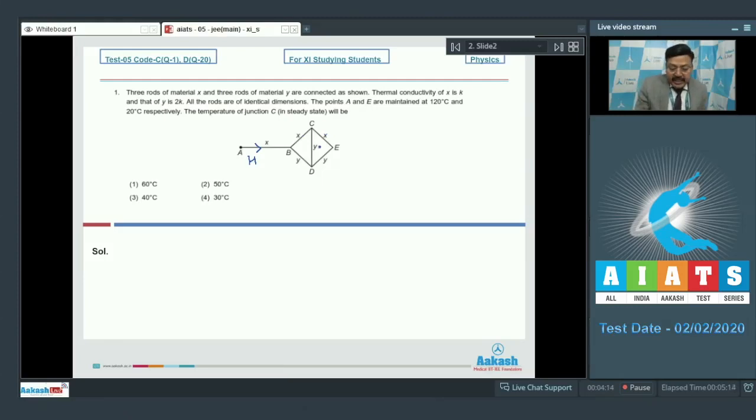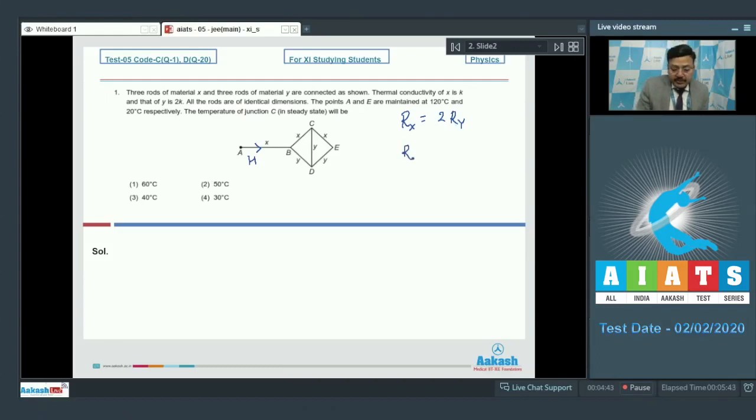Now, we can see that thermal conductivity of X is K and that of Y is 2K, which means that thermal resistance, let's call it R of X, of each rod of material X will be 2 times the thermal resistance of each rod of Y. Why?